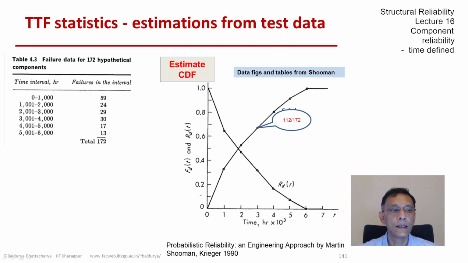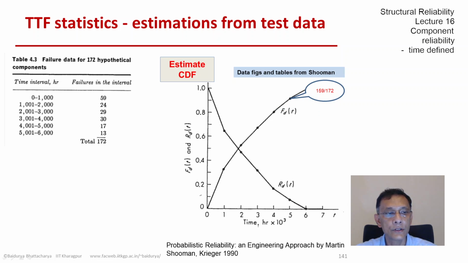The next data point is another 29, so that gives us 112. The next data point is another 30 failures, so that's 142. That's the next point on the CDF curve, and 17 more failures, so that's 159 over 172.